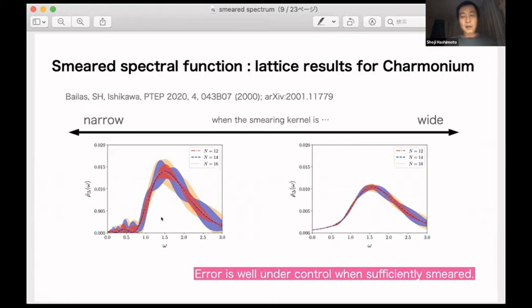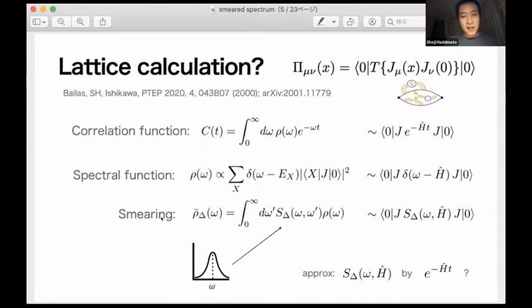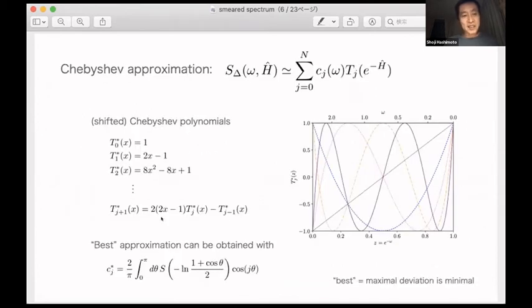By the way, the order of polynomials needed is directly related to the time range on the lattice, because Tj is just a polynomial of x, and for the order j, the highest polynomial order is x to the jth power, and there x actually means exponential minus Hamiltonian, so the highest order is exponential minus j times Hamiltonian.